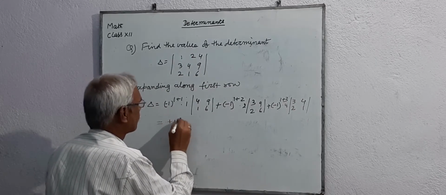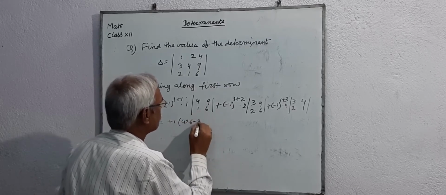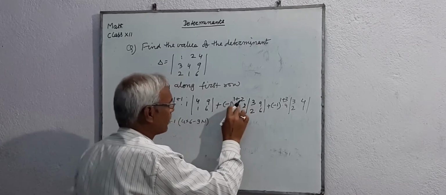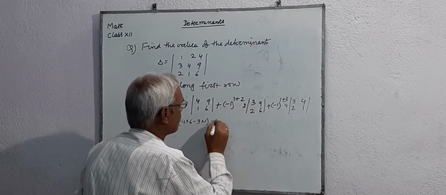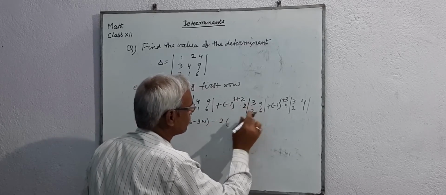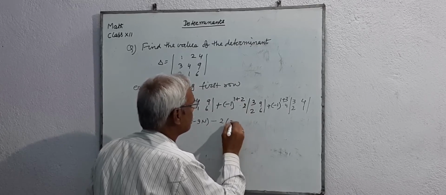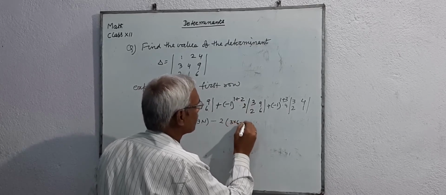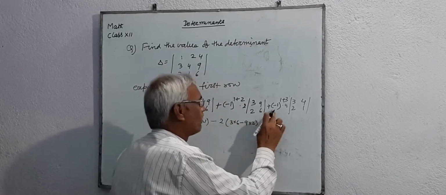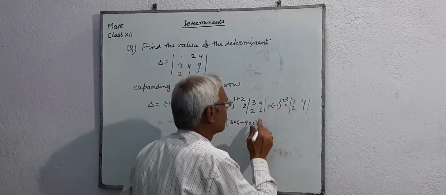plus 1 times (4 into 6 minus 9 into 1). 2 times, plus 1, 3 minus 1 to the power 3 minus 1 into 2 minus 2: 3 into 6, 18, 3 into 6 minus 9 into 2. Minus 1 to the power 3, 1 plus 3, 4, that is even.